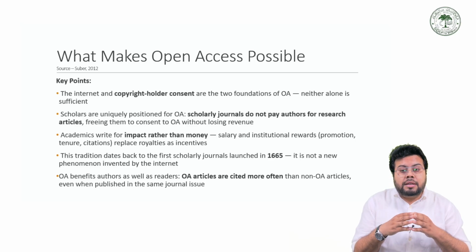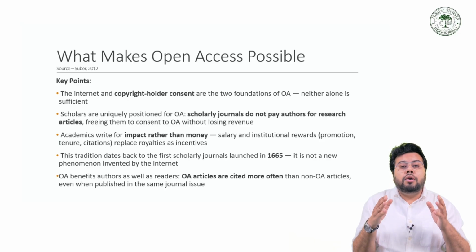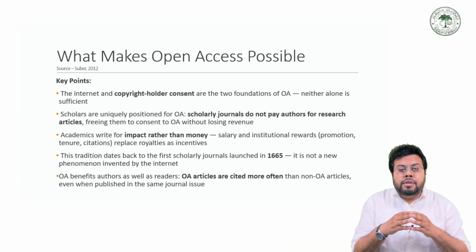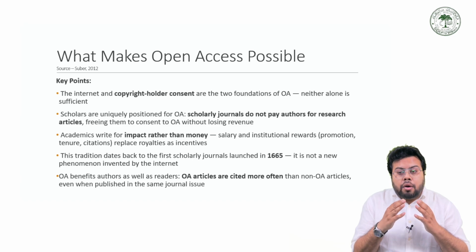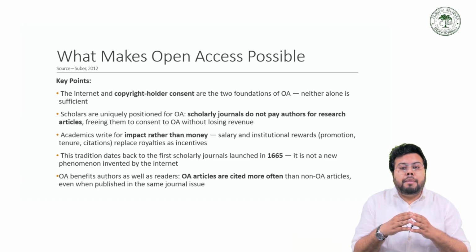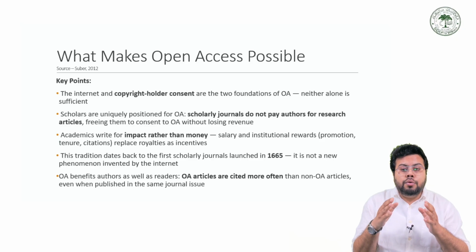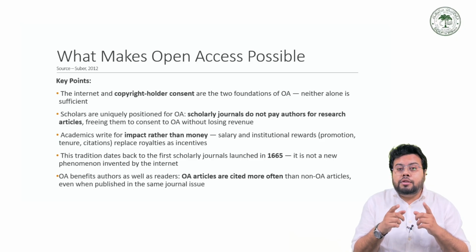So when scholars consent to open access, they are not making a sacrifice they weren't already making. Their rewards were salaries, promotions, tenure, and citation, not royalties. This is what makes scholars almost uniquely positioned in the publishing world to take full advantage of open access. Musicians and novelists depend on royalties and cannot easily do this, but scholars do not.